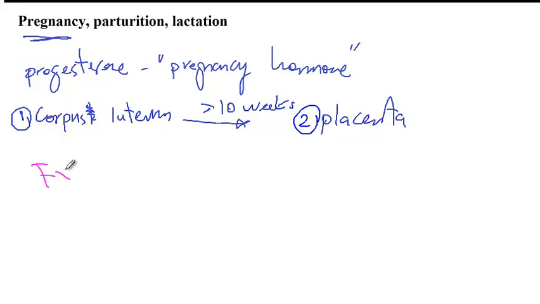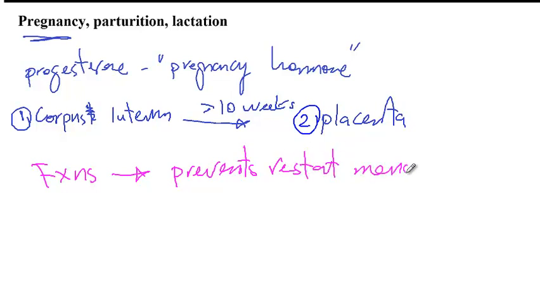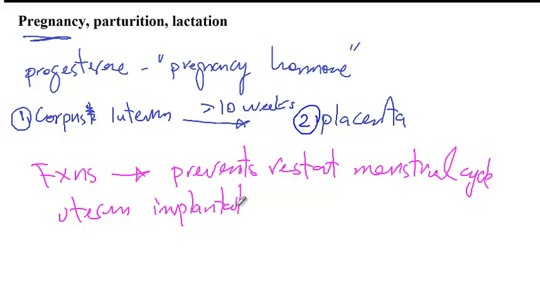Now, the functions of progesterone are, it will prevent reinitiation of the menstrual cycle, so it prevents restart of the menstrual cycle. It prepares the uterus for implantation. So you know how it helped engorge the uterine wall with blood and helped thickening it.